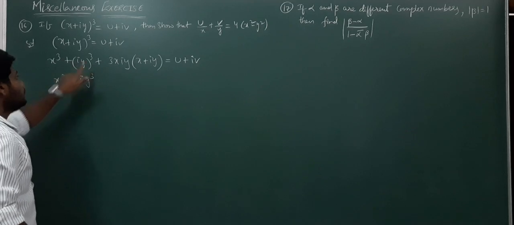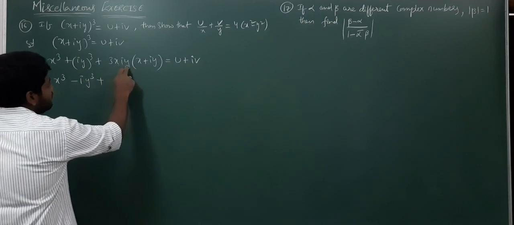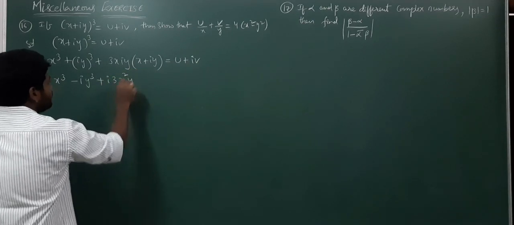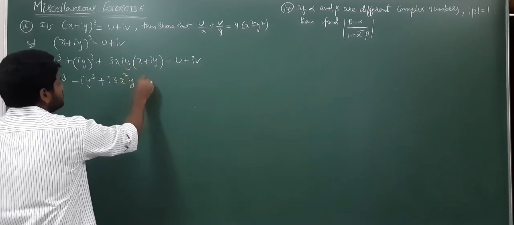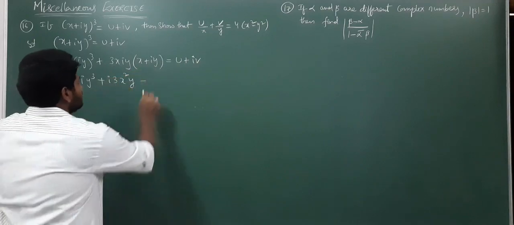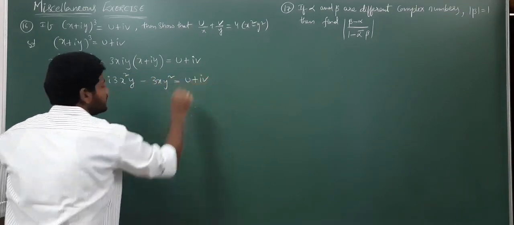Why? Because i cube value is minus i. Plus 3x iy into x is i into 3x square y. Next, i into i is i square, which is minus 1, so 3xy into y gives minus 3x y square, which is equal to u plus iv.